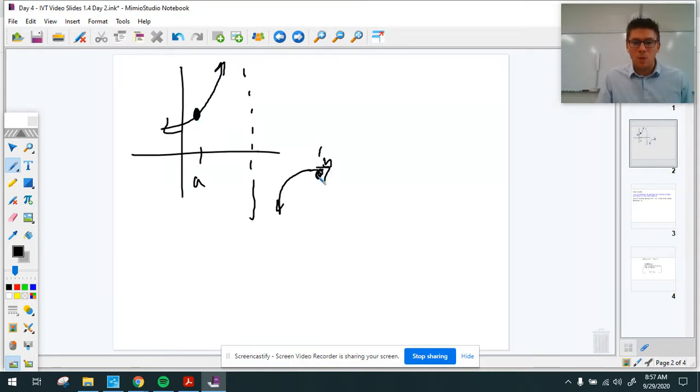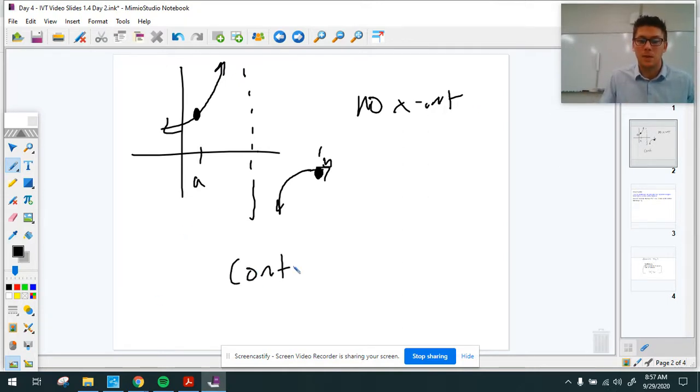At b, we've got a value here. But notice how it doesn't cross through ever, and there is no x-intercept. So it has to be continuous.